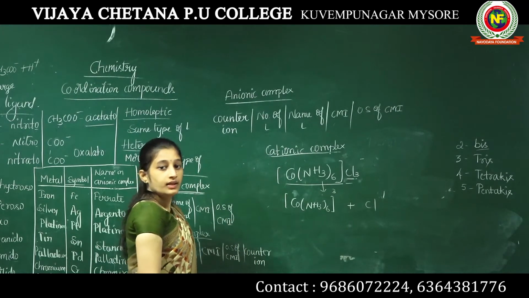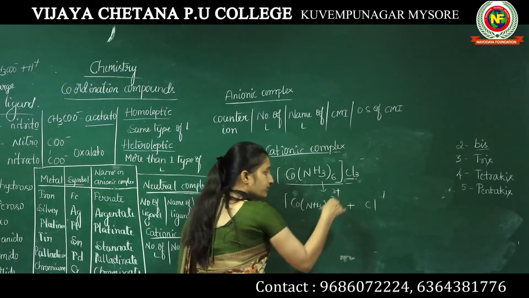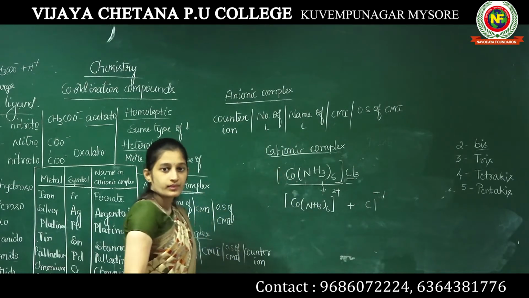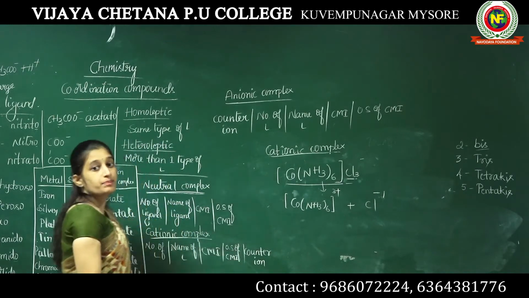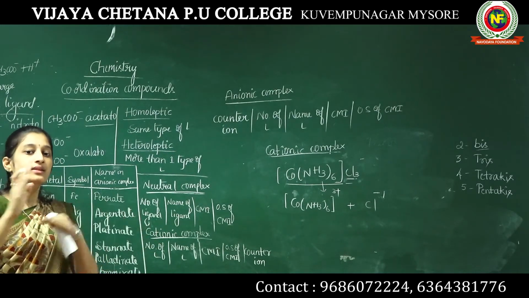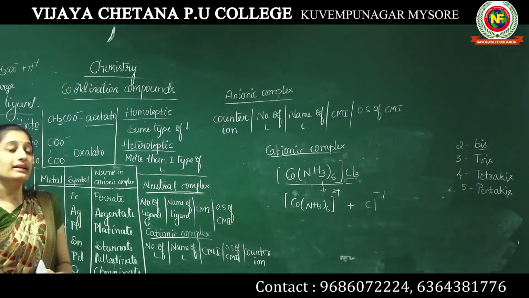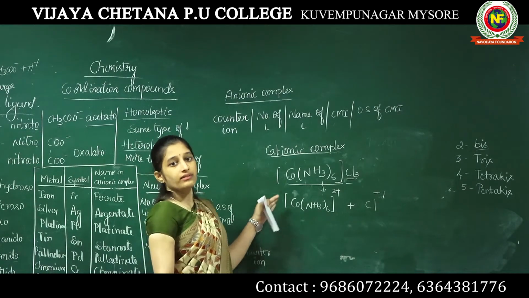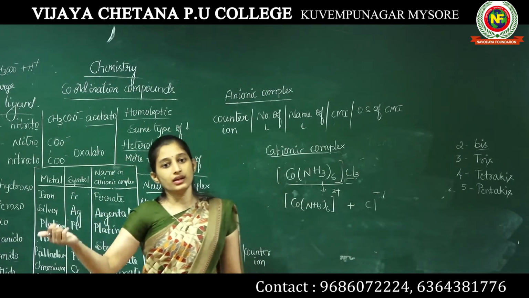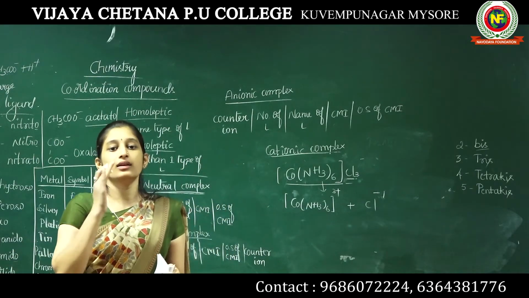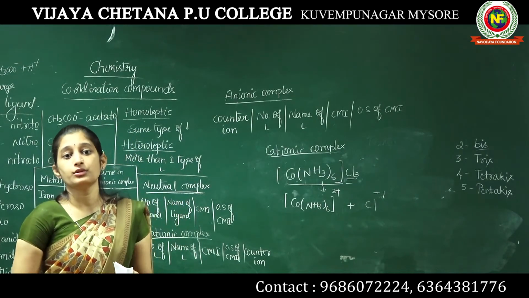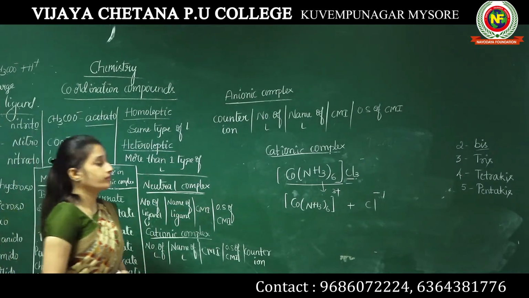The first species always carries positive charge, and the next one always carries negative charge. Split the complex; splitting is nothing but ionization. How to ionize? Separate the complex ion and the simple ion. The first one may be positive or negative: if the first is the complex, give it positive and the next negative. If the first is a simple ion, give the simple ion positive and the complex negative. Whatever species comes first gets the positive charge.